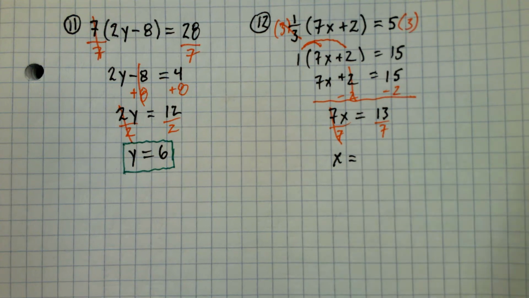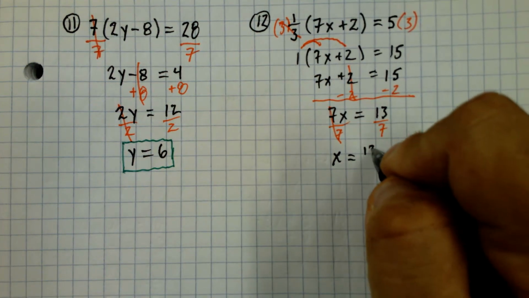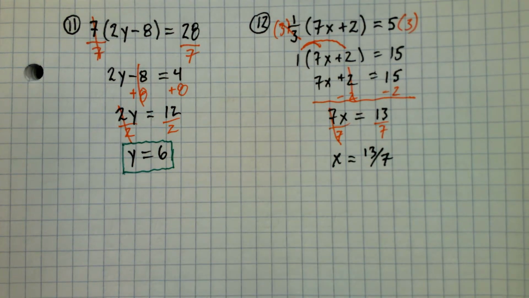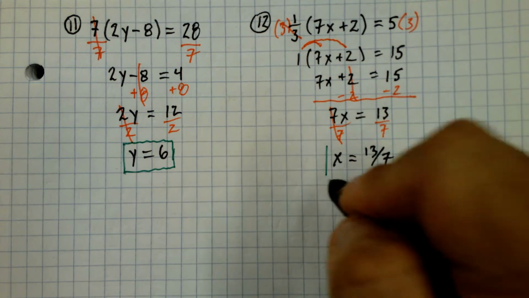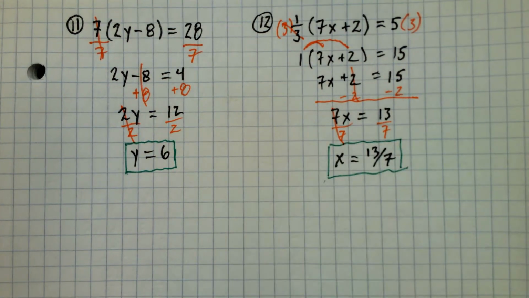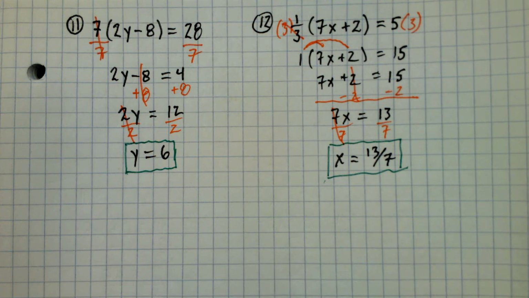So just leave it 13/7. And that's your answer. We'll leave it as a fraction. Don't have to change it into a mixed number. So the answer is 13/7. Any questions? Let's get one that's a little tougher than that.